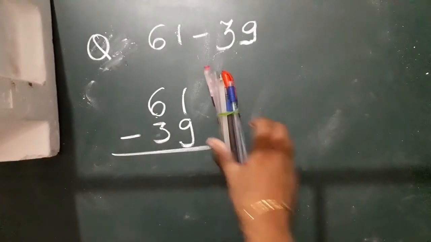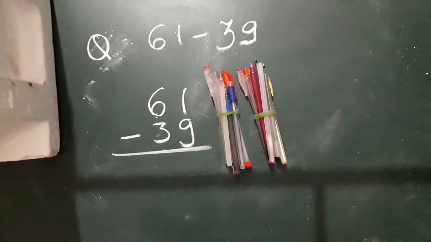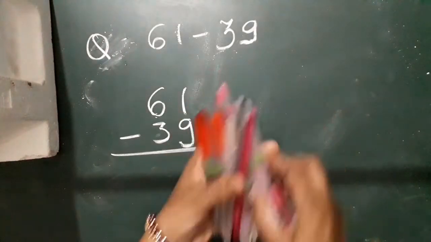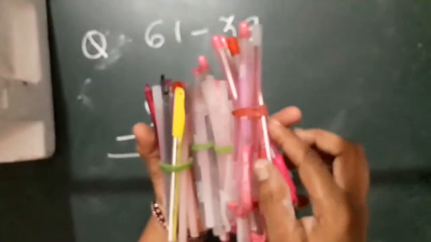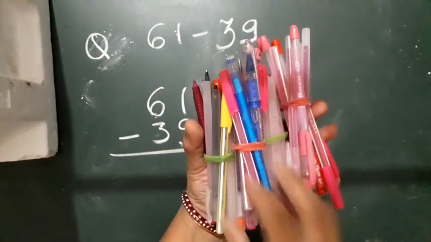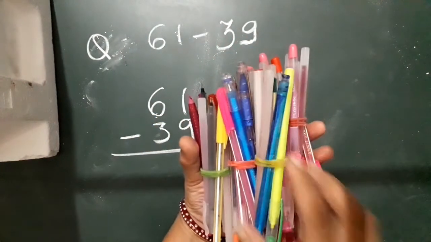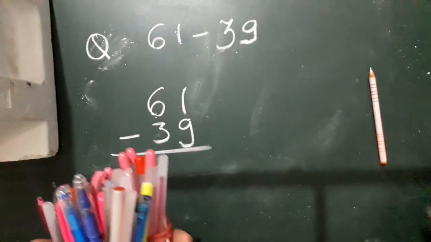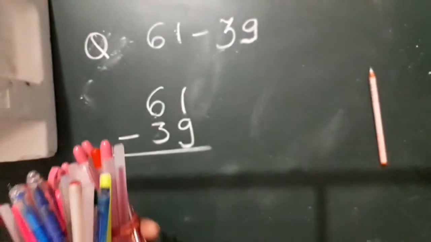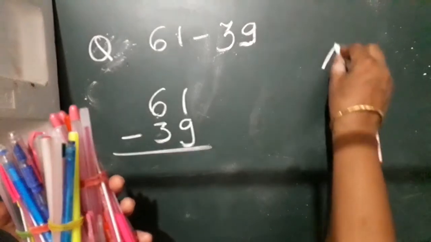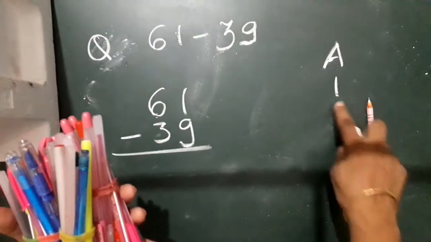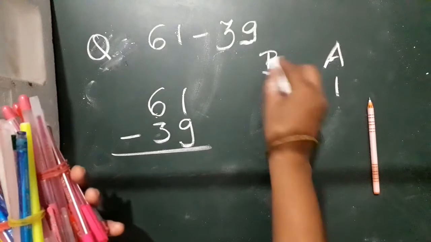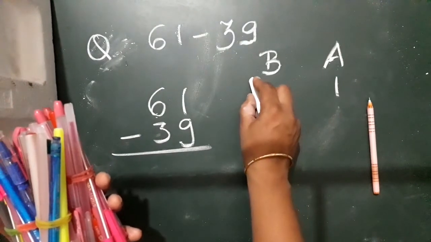So 1 ten, 2 tens, 20, 3 tens 30, 4 tens 40, 5 tens 50, 6 tens 60 and 1 loose. So now A person is having 1 loose pen and B person is having 6 tens.